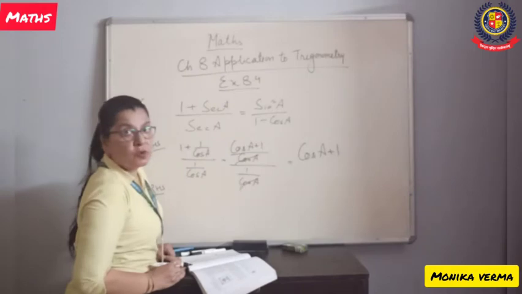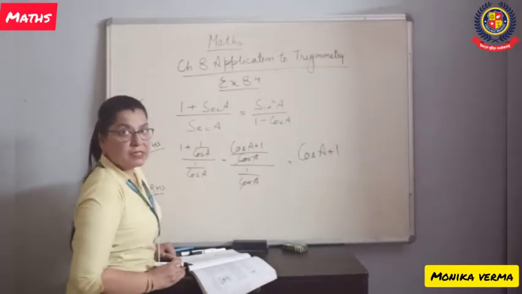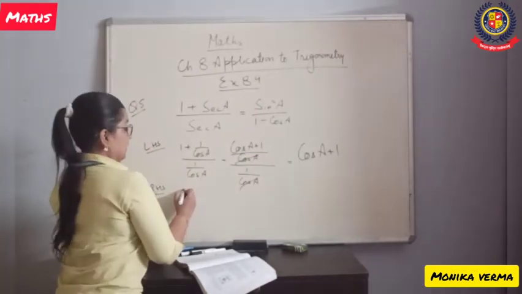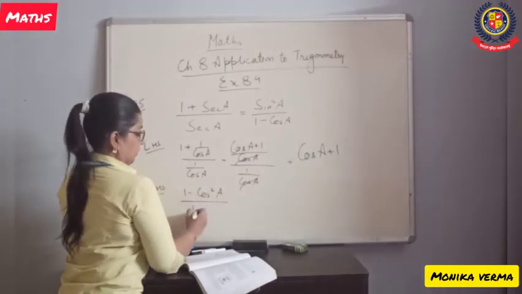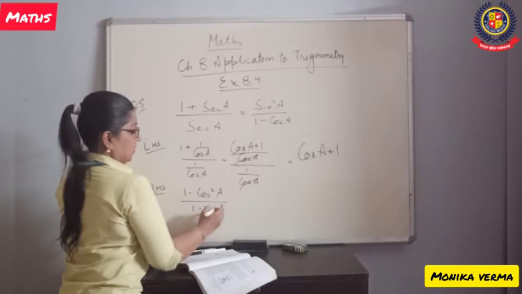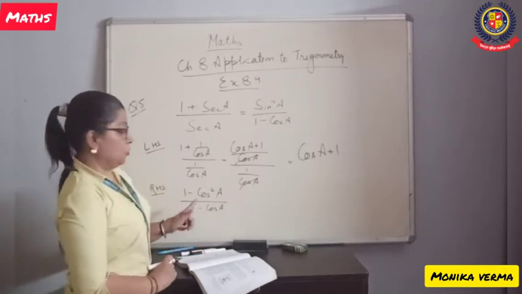Sin square A. We know sin square A plus cos square A is equal to 1. So, sin square A is equal to 1 minus cos square A, upon 1 minus cos A. And we have done this in one previous question.